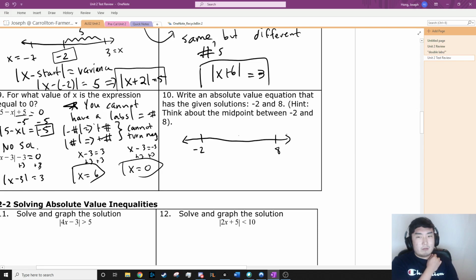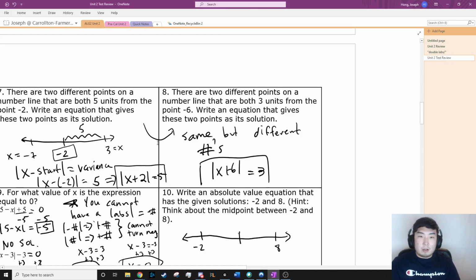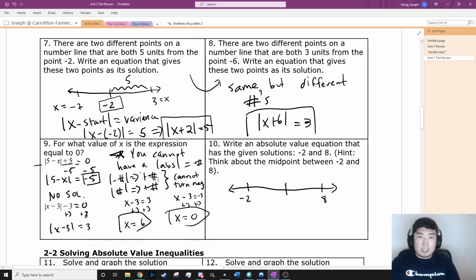What is the midpoint between both of these points? Because didn't my question in number 7, isn't -2 in the middle of -7 and 3? Because if I took 5 steps to the left and 5 steps to the right from -2, isn't that 10 total steps? So I know that this thing and this gap have to be the same.